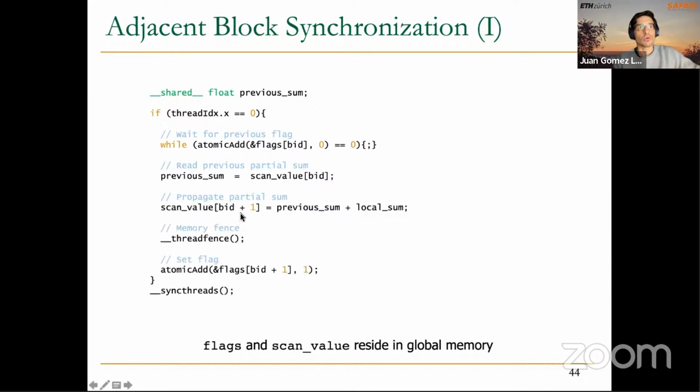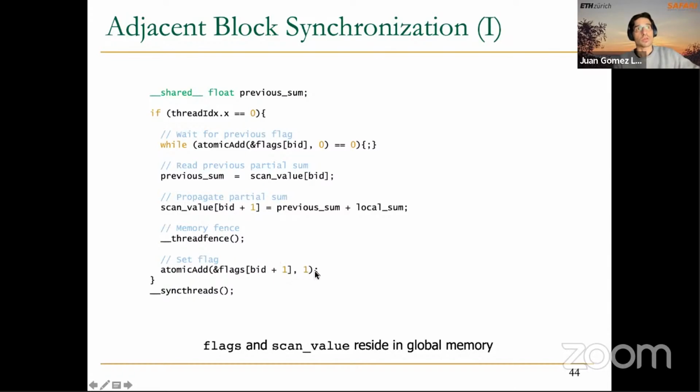to global memory. For this operation to happen correctly, we need to include here a thread fence. The thread fence is essentially a memory consistency point that ensures that this write to scan value BID plus 1 is completed when thread 0 sets the next flag.